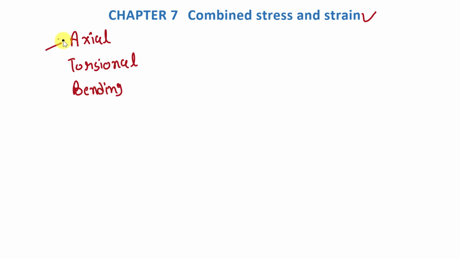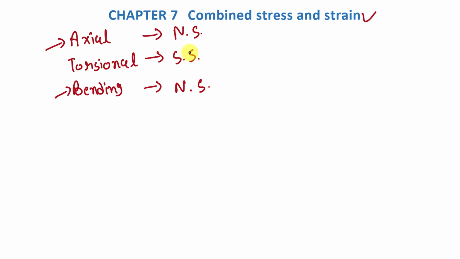Now in axial and in bending there is normal stress produced, right? Normal stress. And in torsional loading there is shear stress produced in the body. Fine. So we have discussed how to find normal stress and shear stress in this type of loading condition.